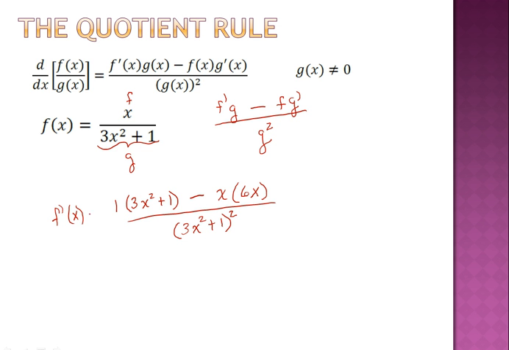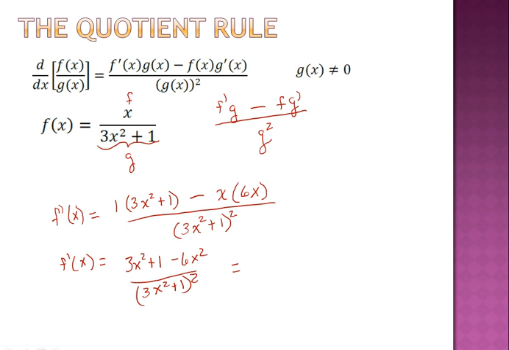We're just going to clean it up just a little bit. So multiplying through, the 1 doesn't change anything, but the x, as it distributes, we get negative 6x squared all over 3x squared plus 1, quantity squared.